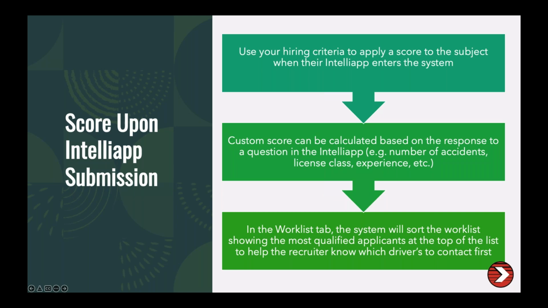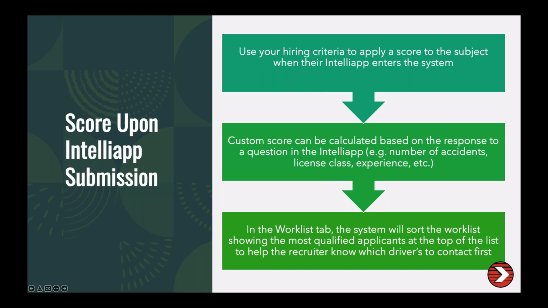That highest score should be the person that's the most qualified potentially to work for your company, ideally. And in the type of world we're living in today, drivers are really hard to come by, right? So you'd want to set up scoring geared on your hiring criteria.